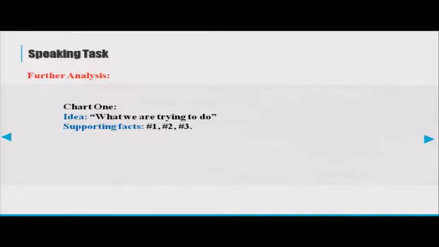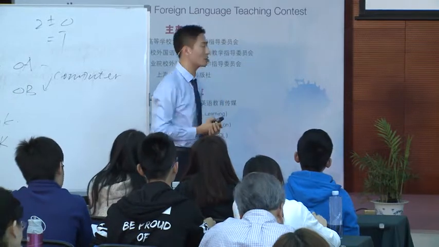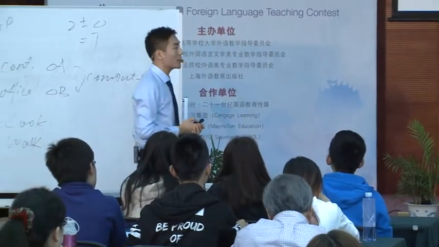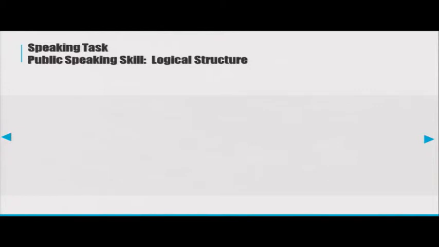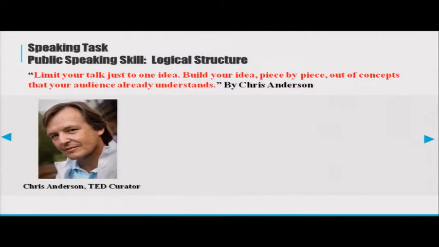So I will give you the further explanation here now. So for chart 1, one idea followed by 3 aspects, and also it has used some transitional words. And chart 2, one idea followed by 3 supporting facts. Also, it has used some transitional words. So what's this? It is a logical structure, and I will use one sentence to explain it. This sentence is quoted from Chris Anderson, the TED curator.